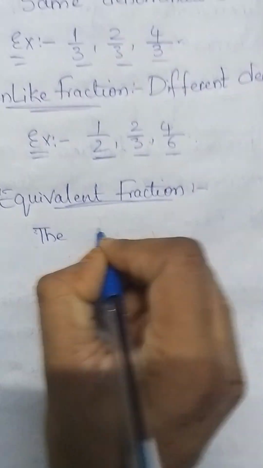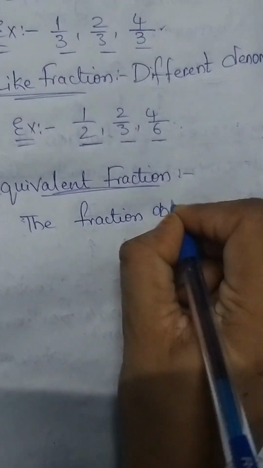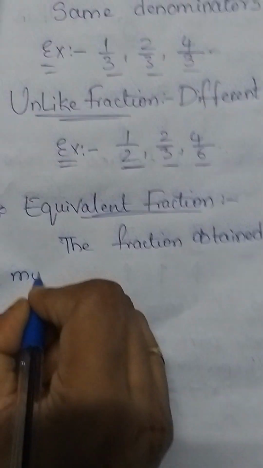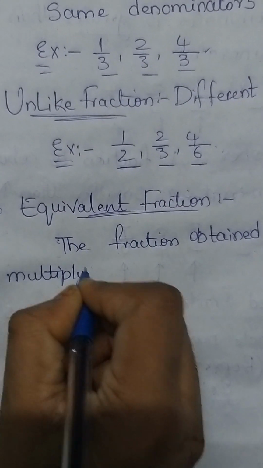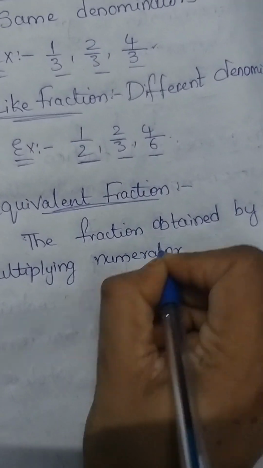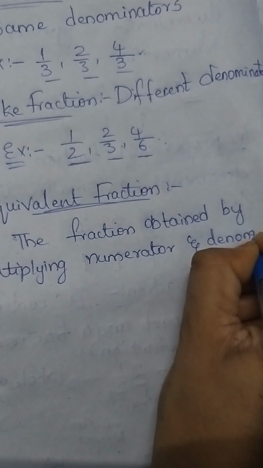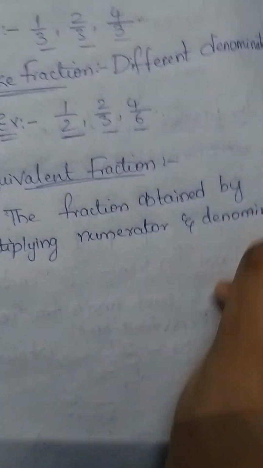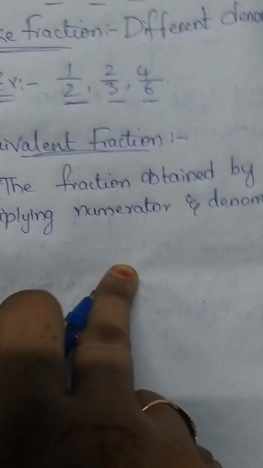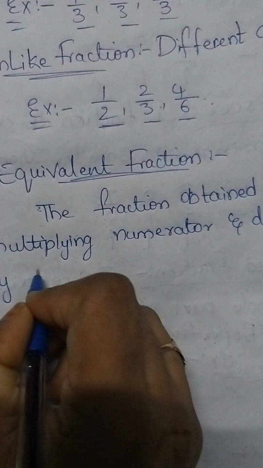The fraction obtained by multiplying numerator and denominator with the same number, children. Why, how, I will show in the example. See here, a fraction obtained by multiplying numerator and denominator by the same number.